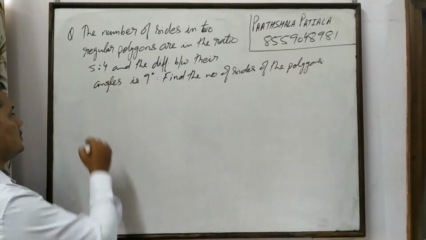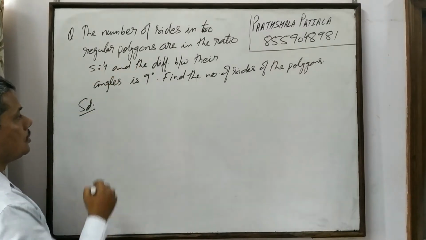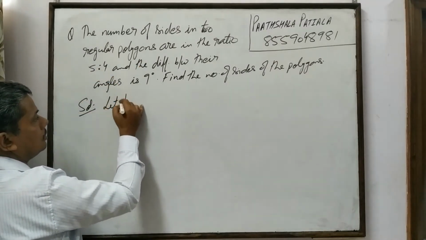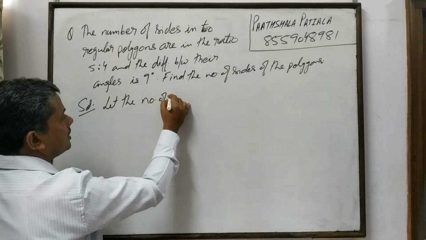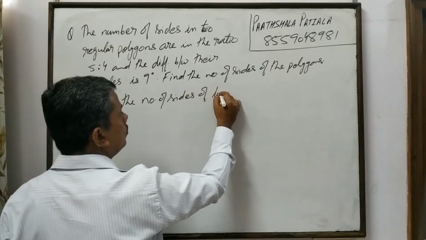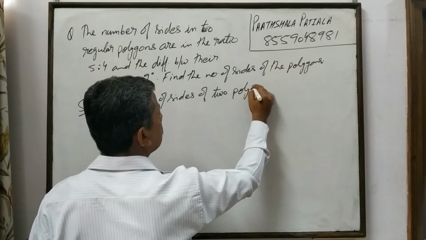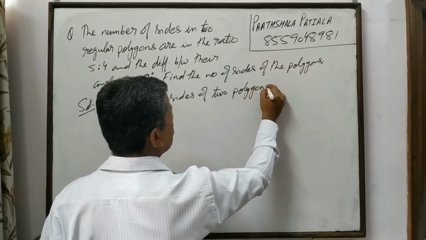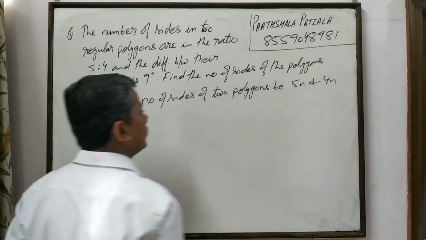Now since the sides are in the ratio 5:4, let the number of sides of the two polygons be 5n and 4n.